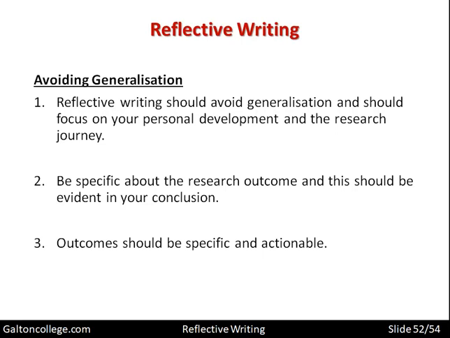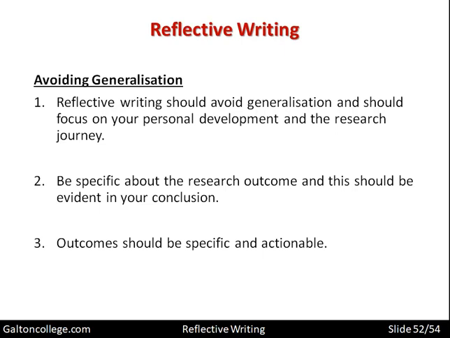Outcomes should be specific and actionable. In the reflective writing, any outcomes from the reflective writing should be specific and actionable. In other words, if the original document was to be done again, it would be modified in specific ways, and it can be modified in those specific ways.